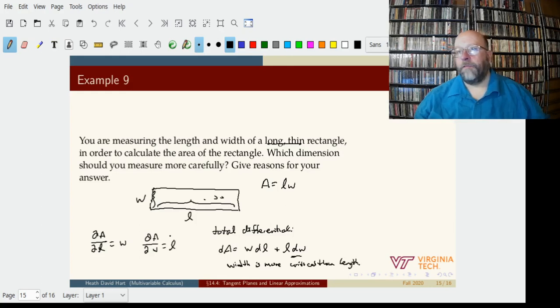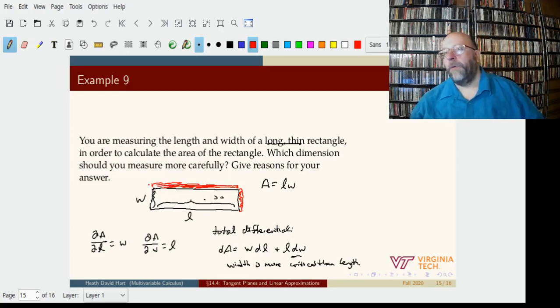So that's the computational answer, but we can also visualize this. If I make a small error in the length, and I accidentally calculate the length as being this amount instead of this amount, then I've added this much error by mistake. But if I miscalculate the width by that same amount, I'm adding all of this area to my calculation because of the error in the width.